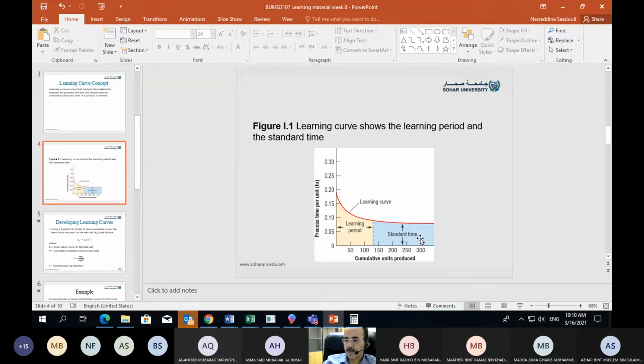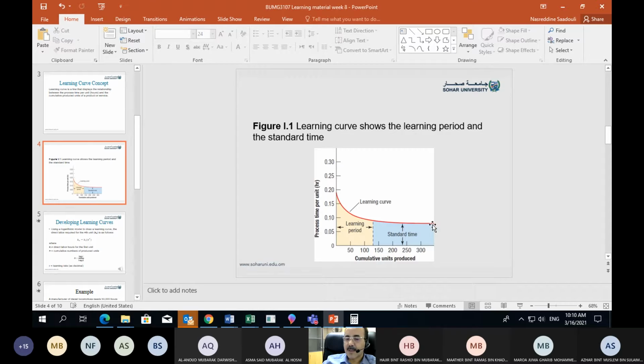We've already seen this term before, the standard time, when we looked at the calculation of the process requirements. This is how we determine the standard time. So this is also a reminder that although we're discussing these techniques or tools separately, they are all in the end related. So the question now is, how do I determine this curve explicitly?